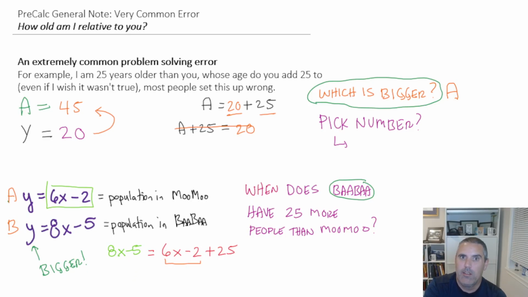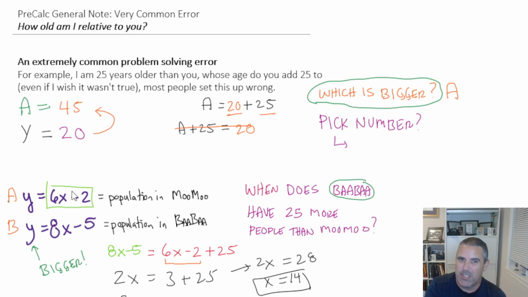This is the bigger. And now we can solve. I subtract the 6x, I get 2x. I can add the 5, which makes it 3 plus 2x. I don't know why I did it like that. So I get 2x is 28. I get x is 14.